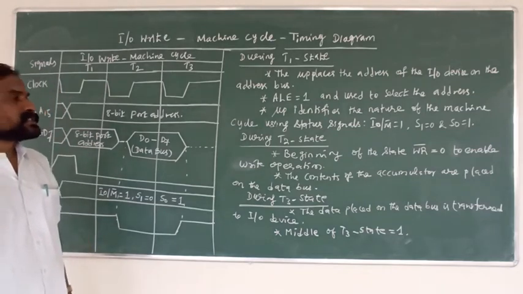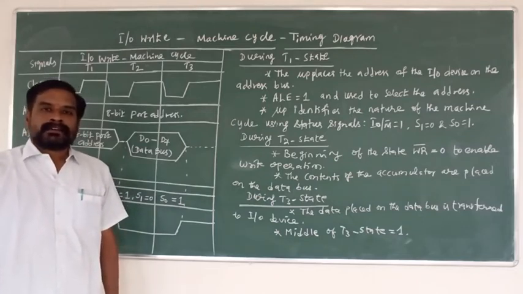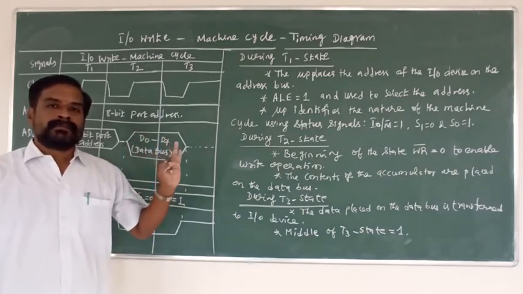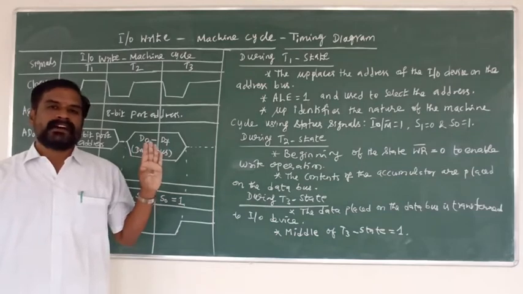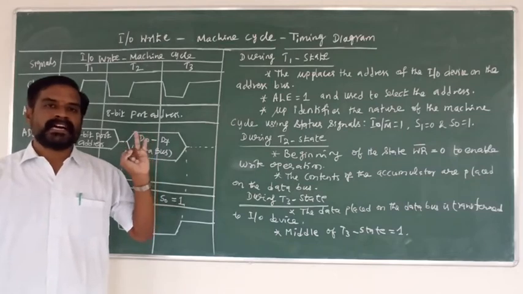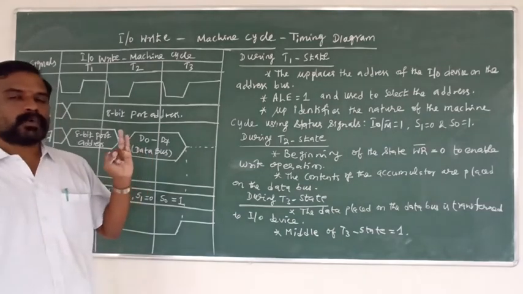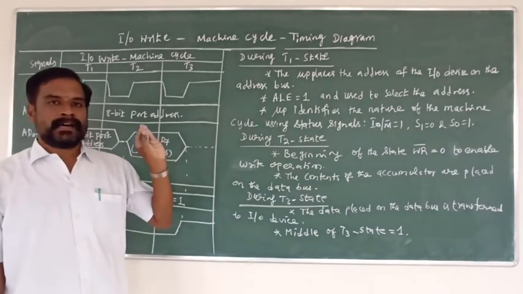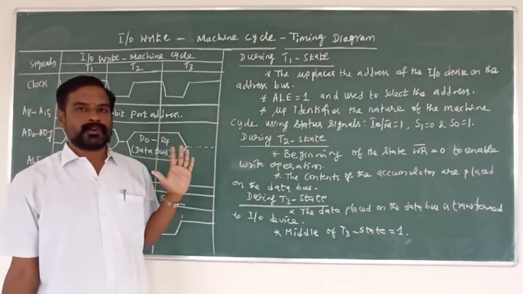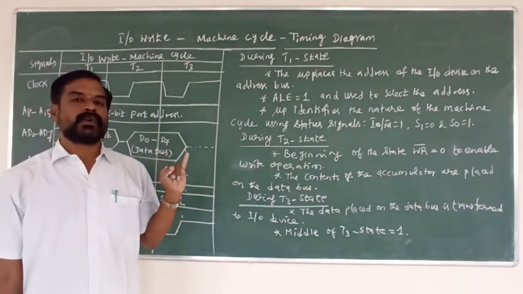In total there are 7 machine cycles: opcode fetch, memory read, memory write, input output read, input output write, interrupt acknowledge and bus idle. Total 7 machine cycles, but in our syllabus only 5 machine cycles: opcode fetch, memory read, memory write, input output read and input output write. Opcode fetch requires 4 T states.